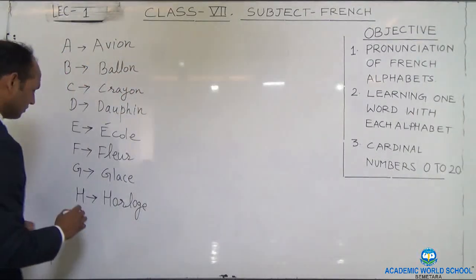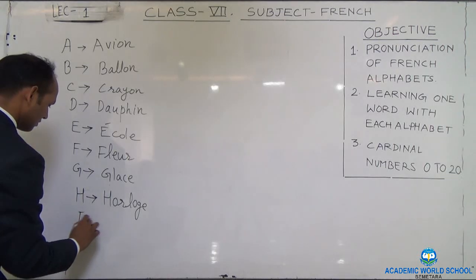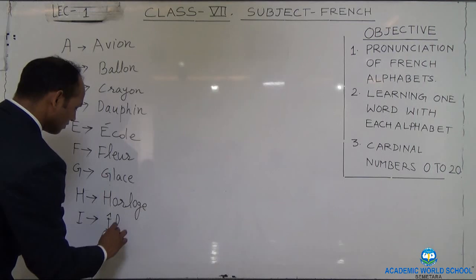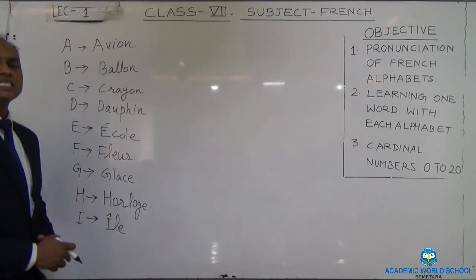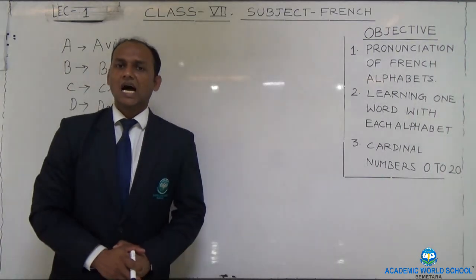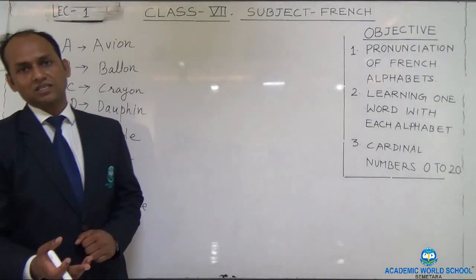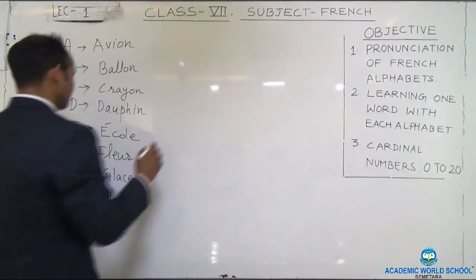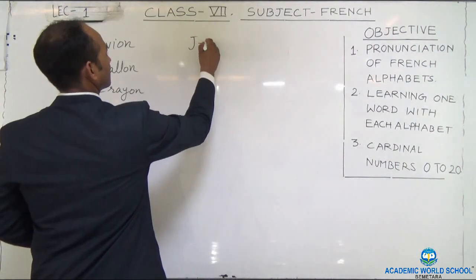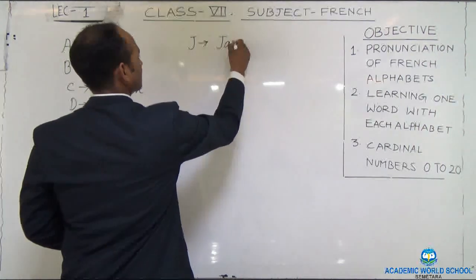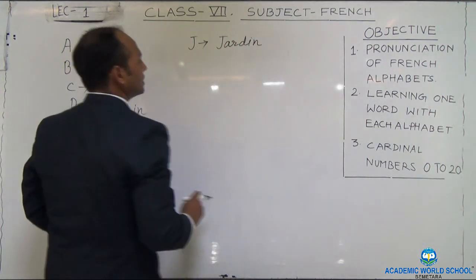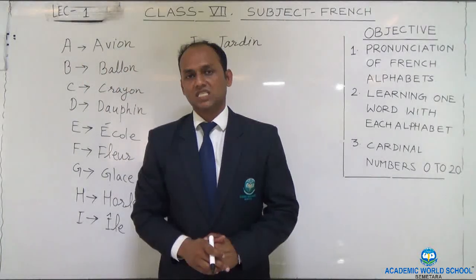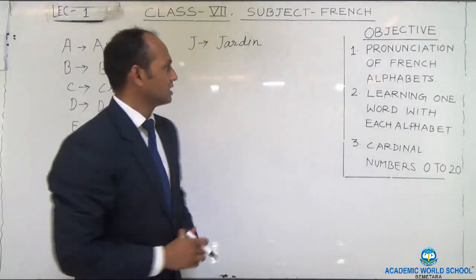I: Île. Île means island. Sri Lanka is an island. Mauritius is an island. J: Jardin. Jardin means garden.